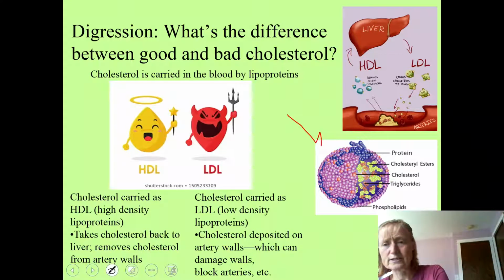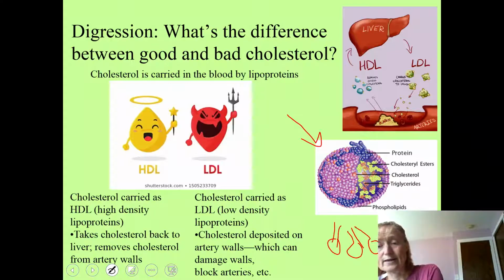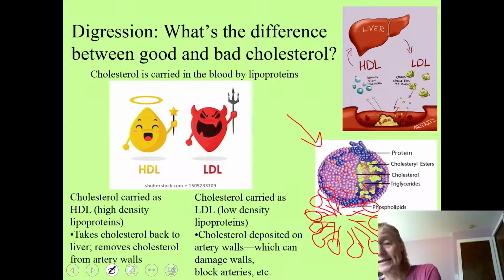A lipoprotein is kind of a ball of fats with phospholipids, actually, heads of phospholipids out and tails sticking inward. And then in this ball are proteins and cholesterol as well, okay? And there are different kinds of lipoproteins, high density and low density lipoproteins. Cholesterol is carried in both of them.